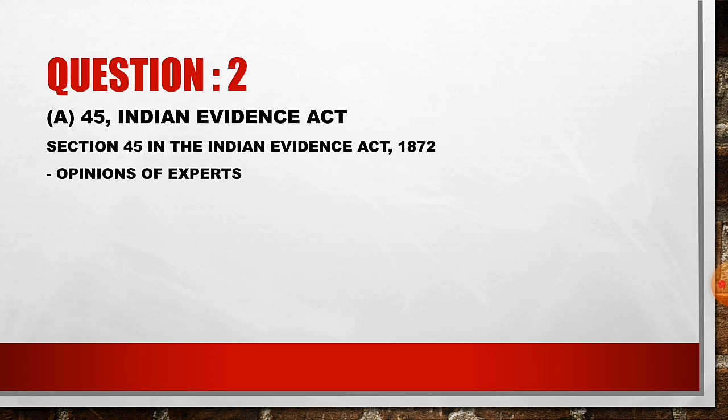Here it is Section 45 in the Indian Evidence Act of 1872. This is opinions of experts. So I think it is clearly defined what it is exactly. Remember, it is opinion of experts.